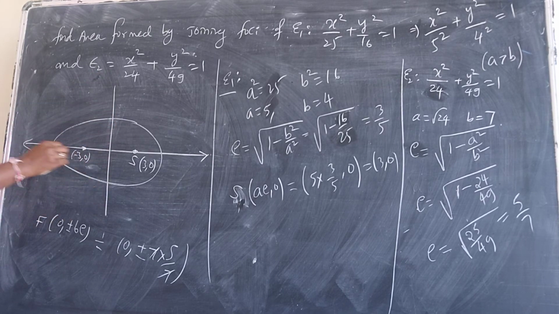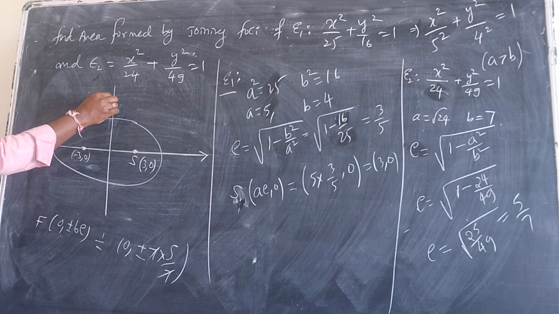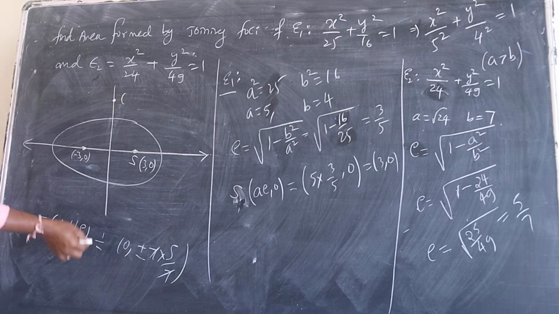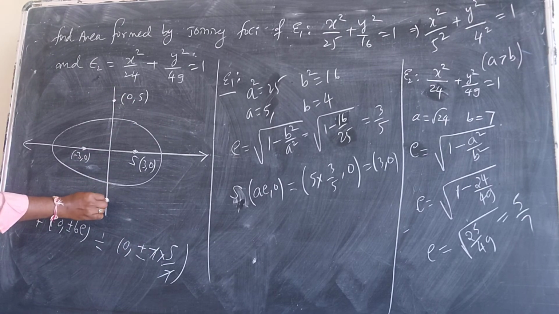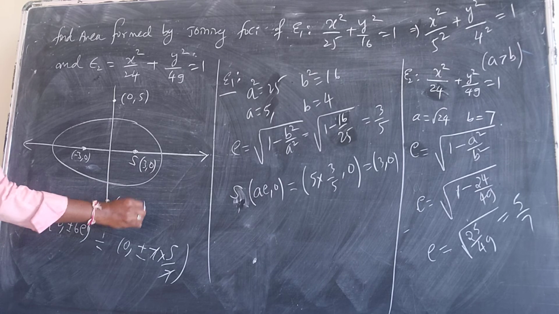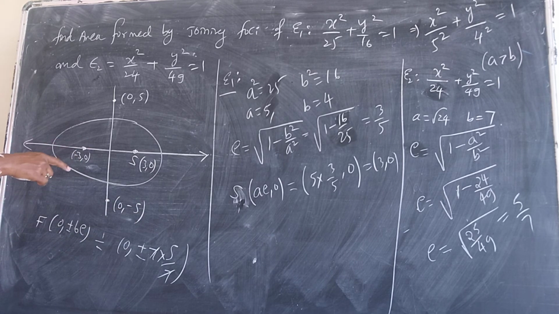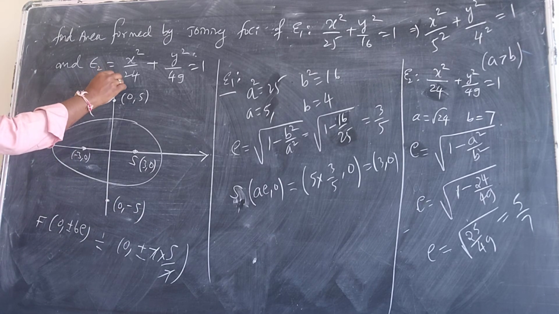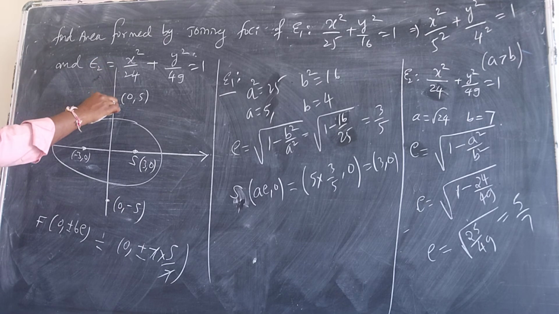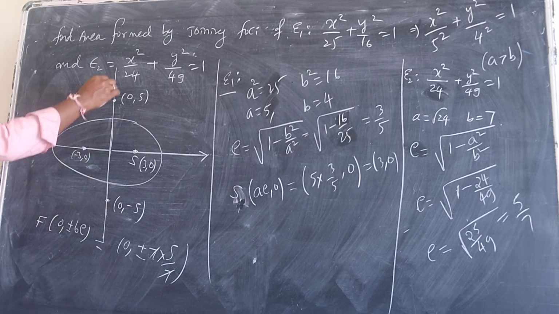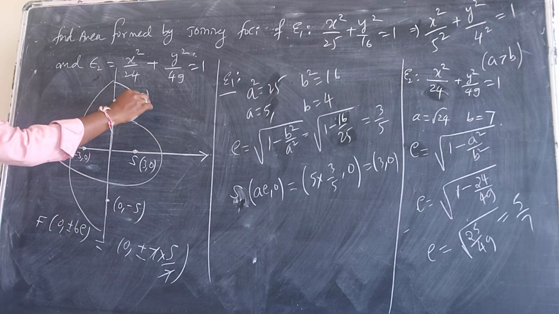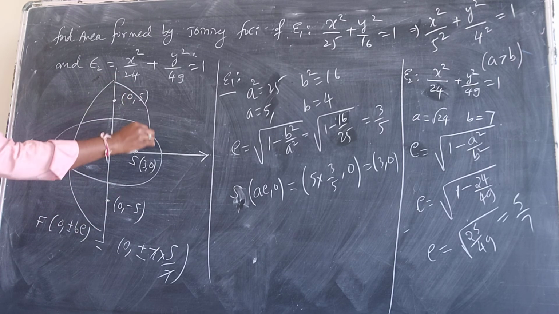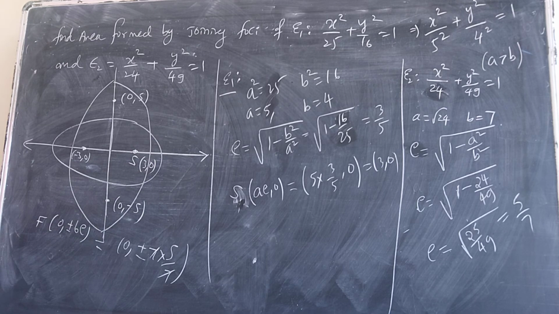Origin is center. And another focus, how much you are getting? 0 comma 5. Another one 0 comma minus 5. These are the foci. Since focus is there, the ellipse will be bigger than that, coming outside like this.